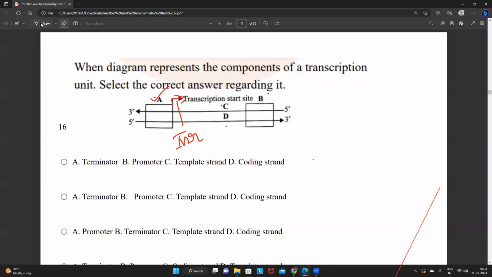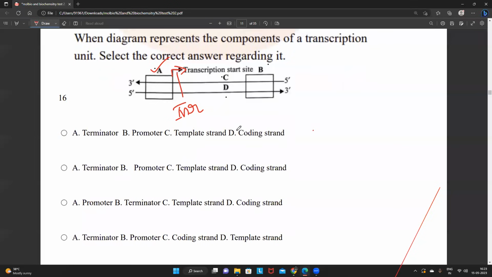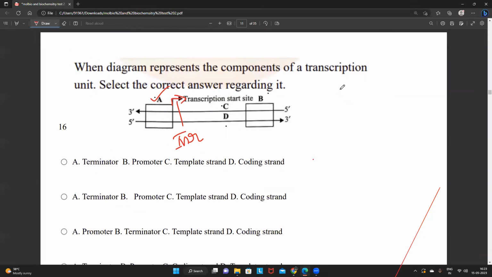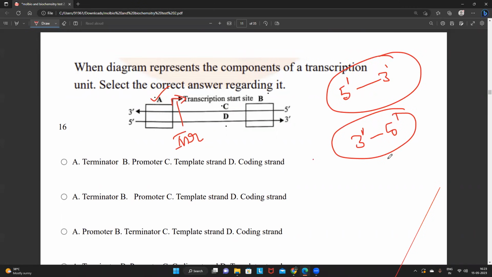You all know very well. Some students surprisingly made this wrong too. I am not understanding how. How many times have I told you in which direction RNA has to be synthesized? 5 prime to 3 prime. Yes or no? So now what kind of strand do you have to use from the DNA? You have to use the 3 prime to 5 prime. Yes or no?